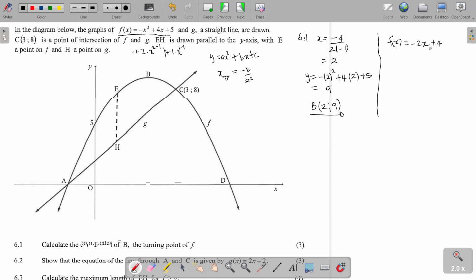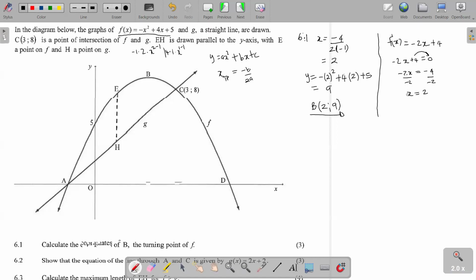At turning point, the derivative will be equal to 0. So minus 2x plus 4 is equal to 0. Transpose this one to this side. You are left with negative 2x equal to negative 4. Then divide both sides by negative 2. It means our x is equal to 2.